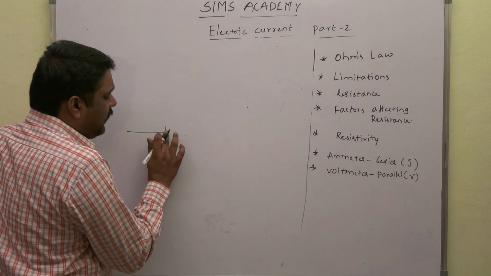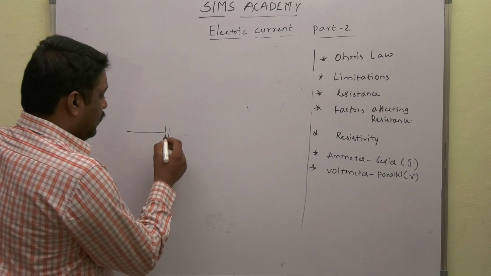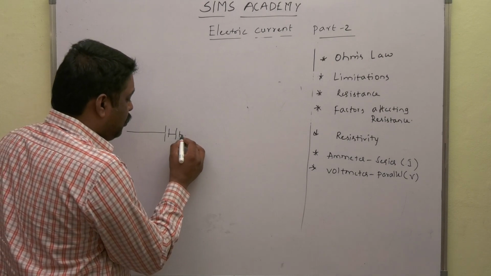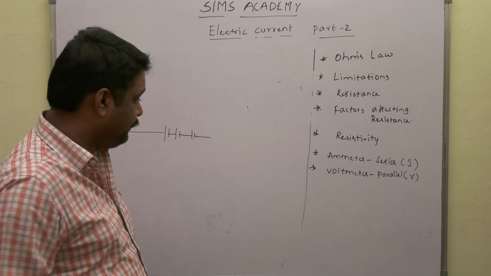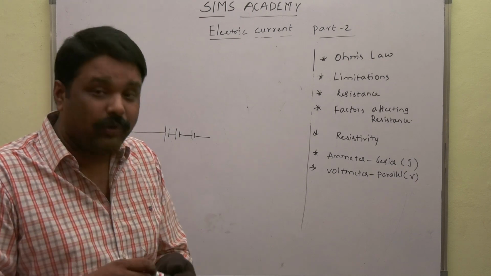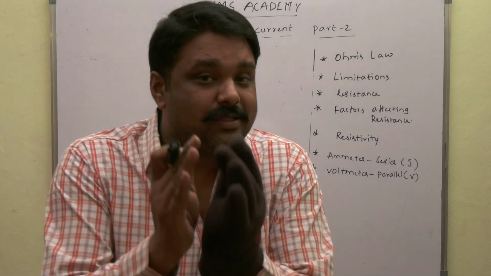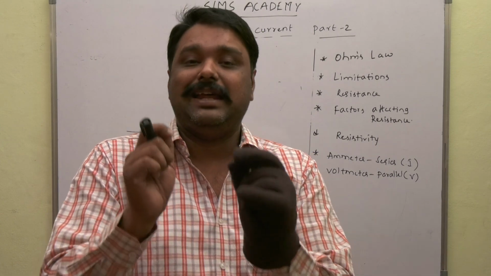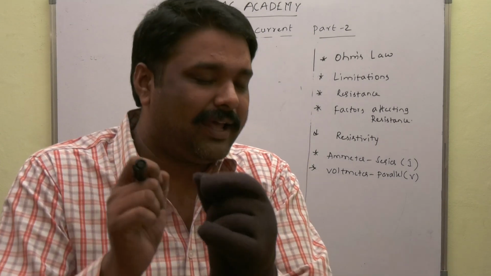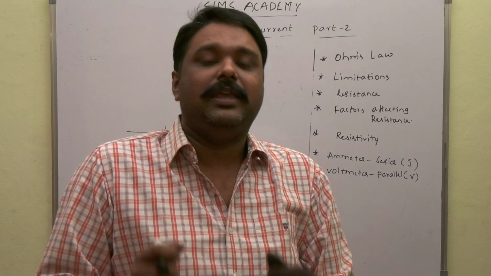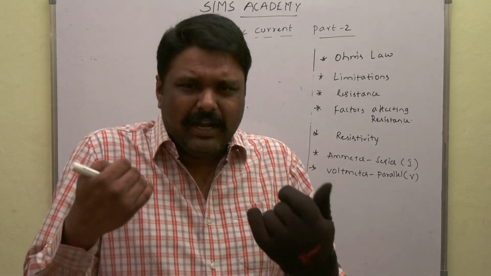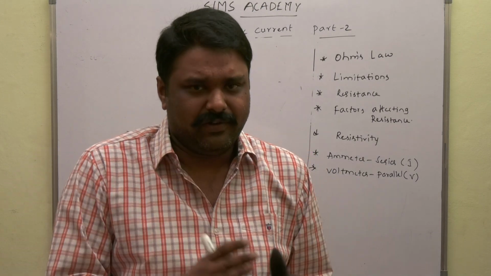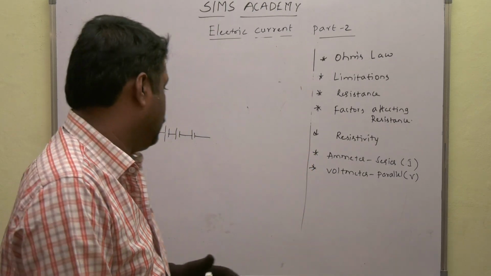This is a cell. If I take a group of cells, then we say it is a battery. Already we discussed how energy is stored in a cell or a battery: the energy stored is in the form of chemical energy, which gets discharged whenever it is used up.